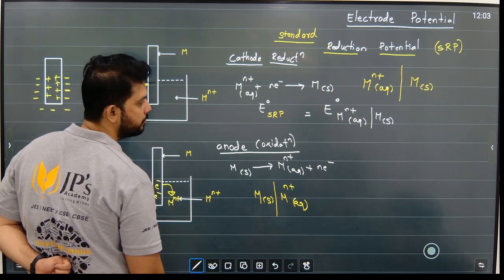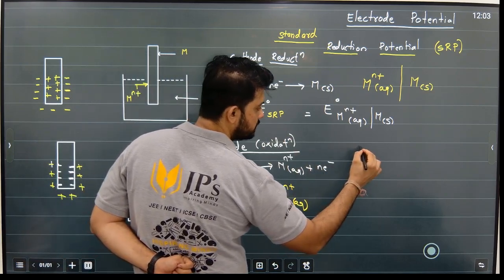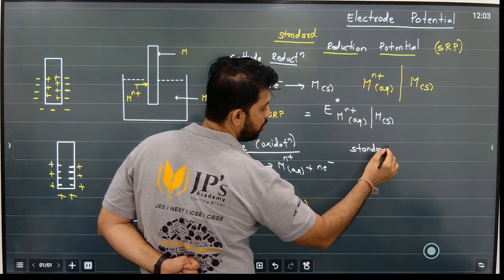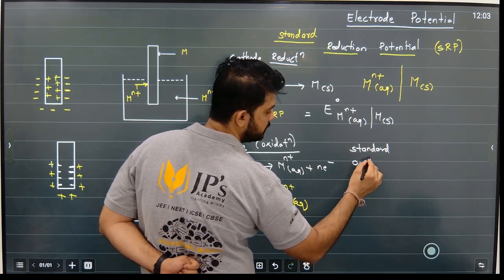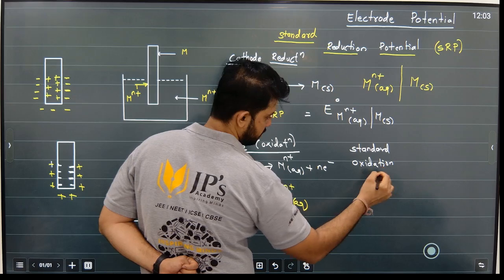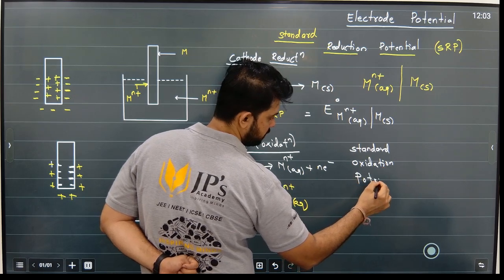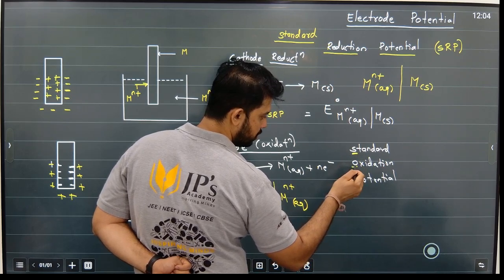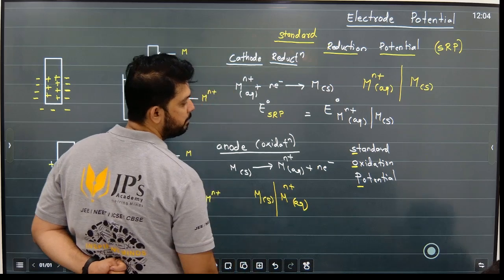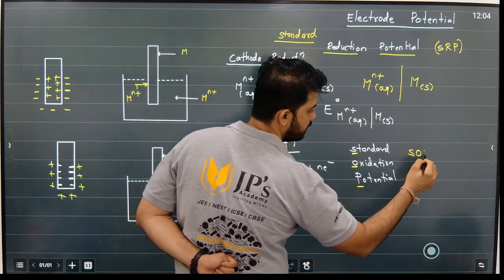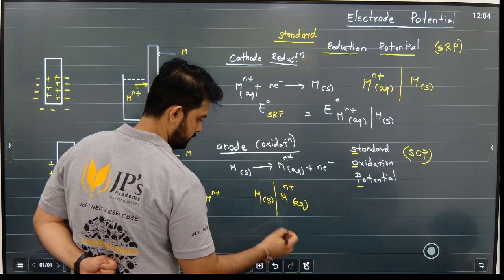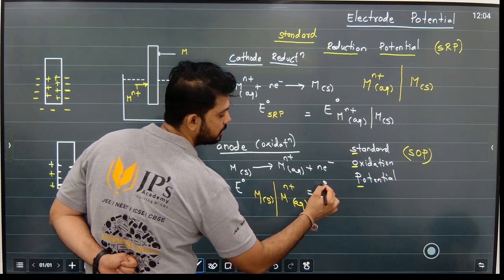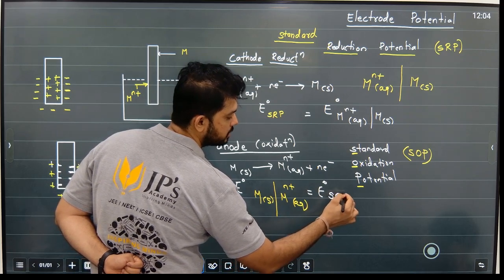Yes or no? And this potential will be called standard oxidation potential. Anyone who did not get that? Or also called SOP. You can write the same thing as E naught, this, which is nothing but E naught standard oxidation.